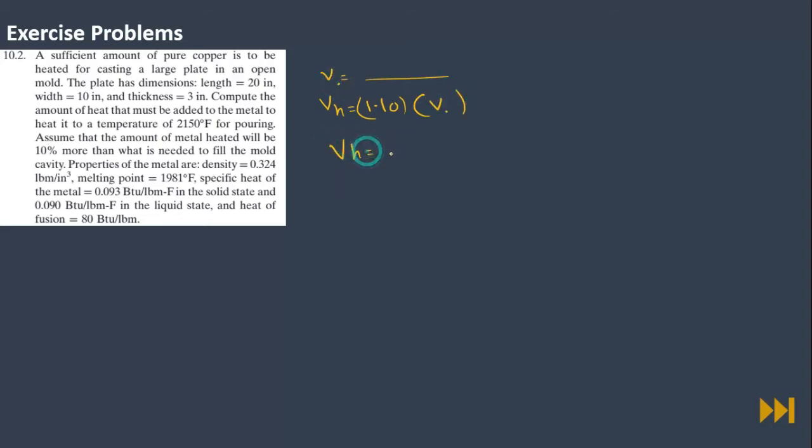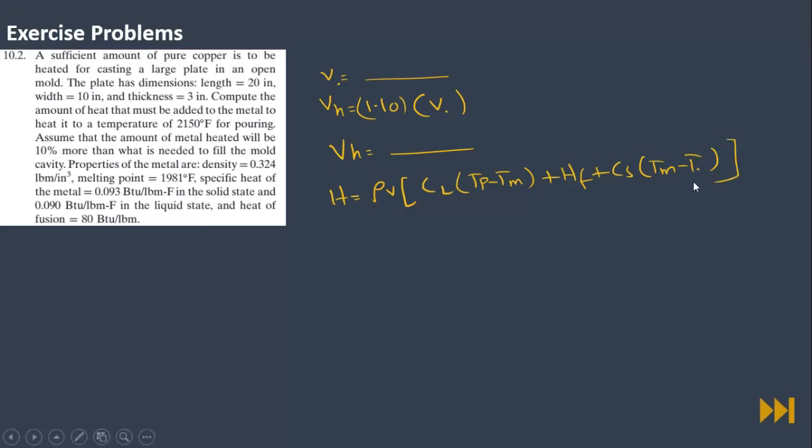And then we will use this volume in the formula of heating. Okay, so this is how we can directly get the answer. We can move on towards the next numerical.